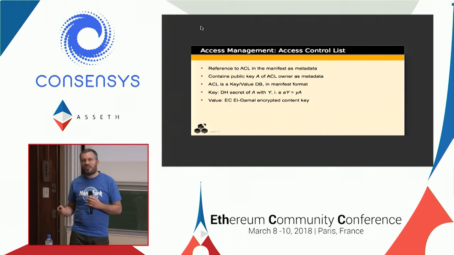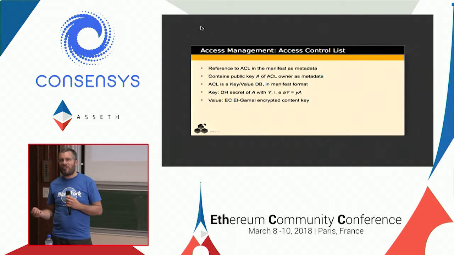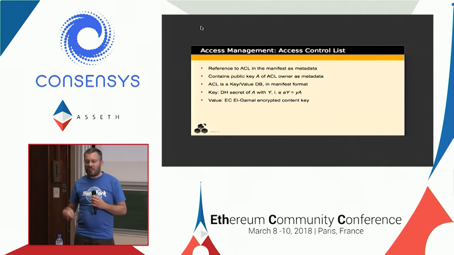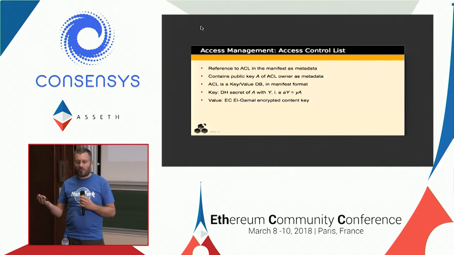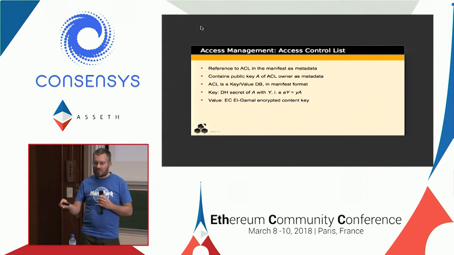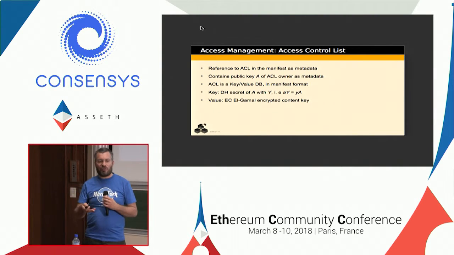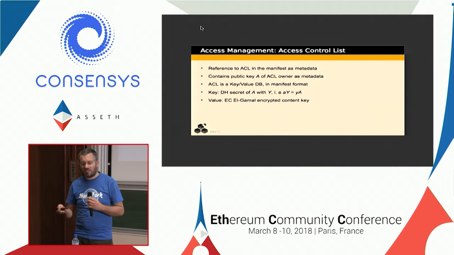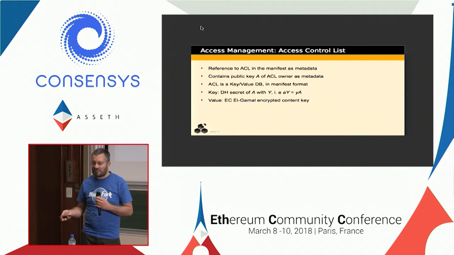Moreover, a party that doesn't know whether or not they have access can very quickly check. So they look at the manifest, take the public key of the ACL owner, calculate the Diffie-Hellman shared secret, and then use that as a lookup key.